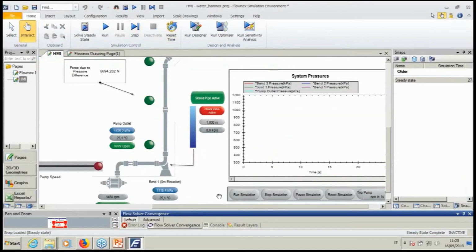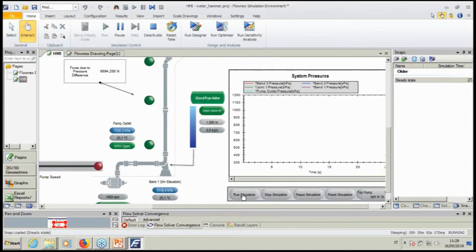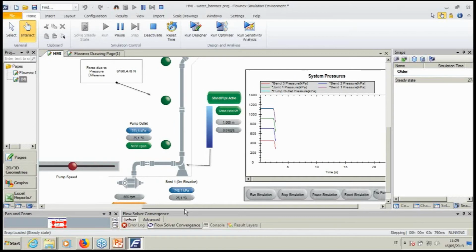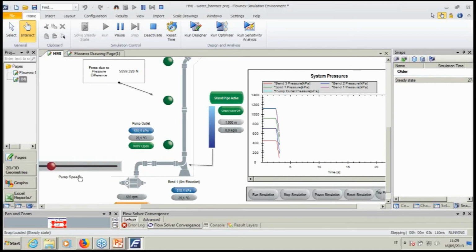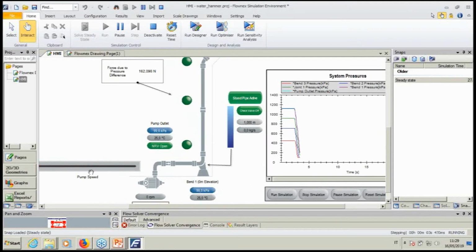So this is the Flownex interface, and you can run the simulation about the steady state, and then you can activate the pump trip, and you can see that you have a real-time simulation where you can simulate the pump trip.